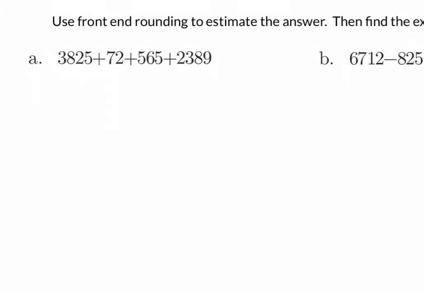First thing I'm going to do is just write it out, because we are going to be doing both estimate and exact. So I'm going to go ahead and write out my exact problem before I do my estimation. I'm going to go ahead and write this so that my numbers that have the most number of digits are on top, and I'm going to decrease as I go down. So this is what I end up with.